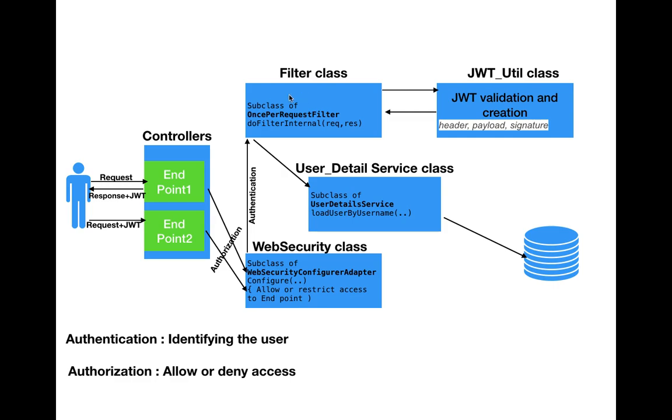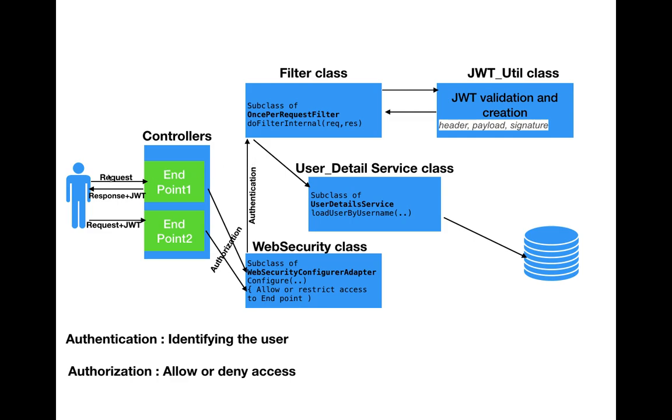The filter is used for further authentication. It has found the details of the user and it has got the JWT. Now both things, the user details have been authenticated and the JWT has been created.